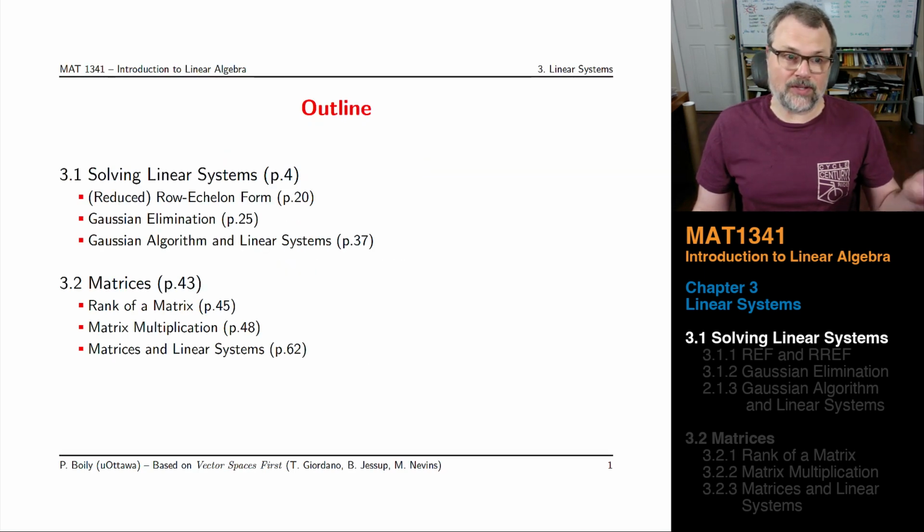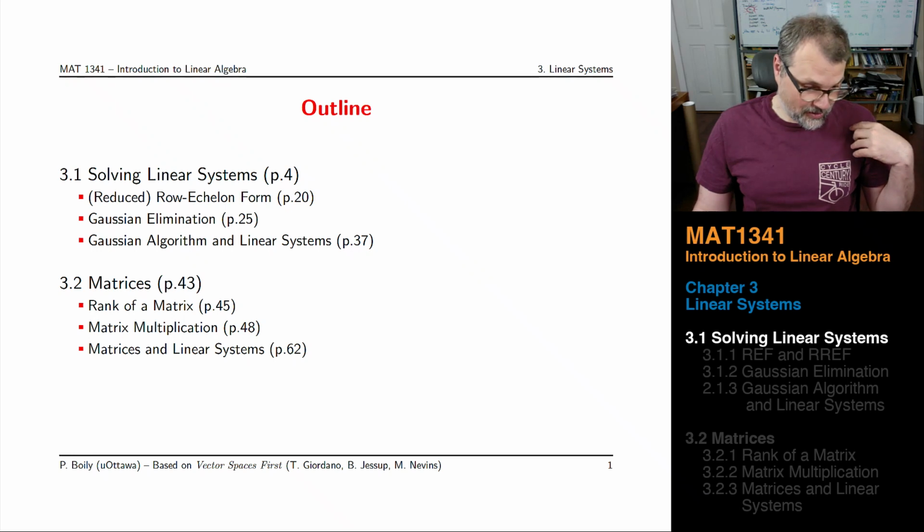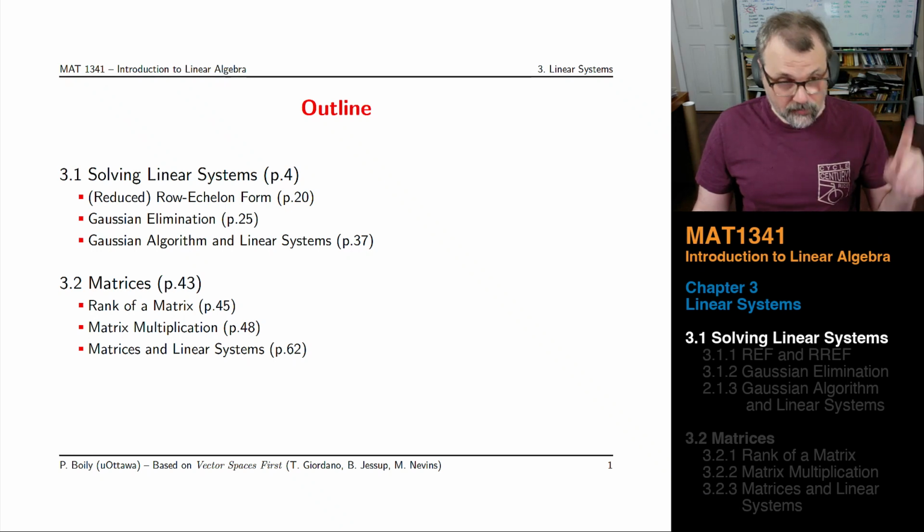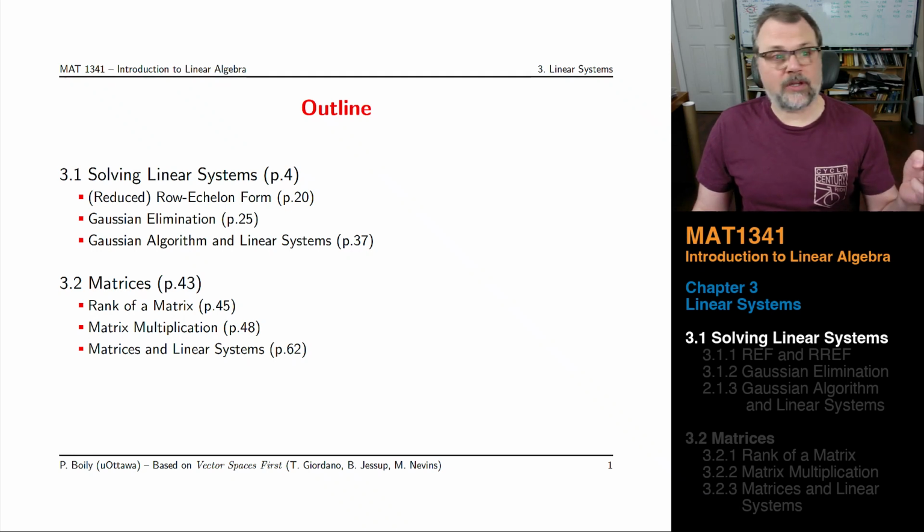We're going to talk about how we solve linear systems. Then we will talk about matrices. Matrices exist in their own right, but you can link to every linear system something called the augmented matrix of the system, and that's an object on which you can operate that is typically easier to work with than the linear system to start with.